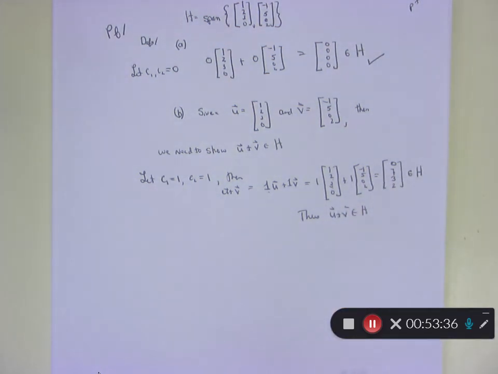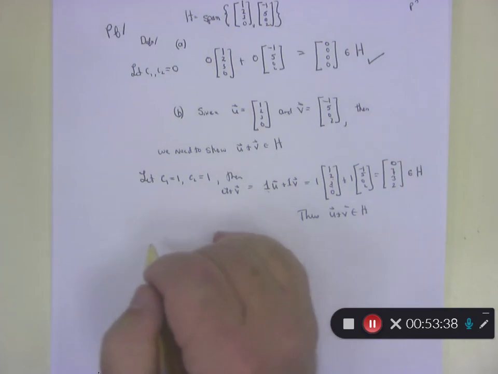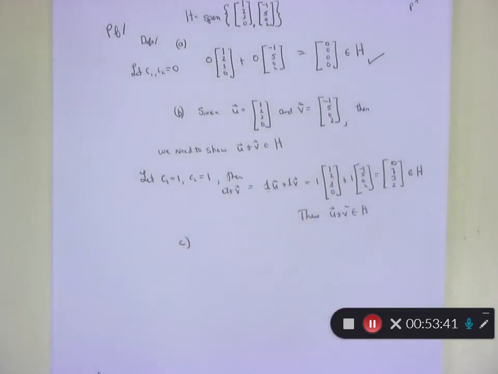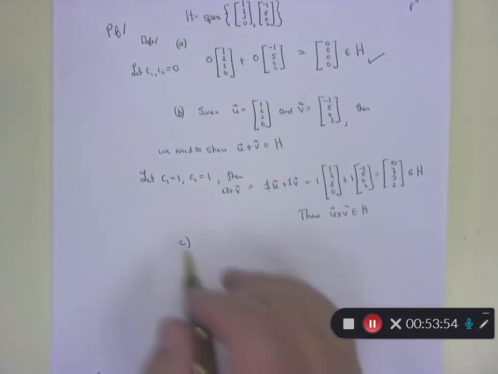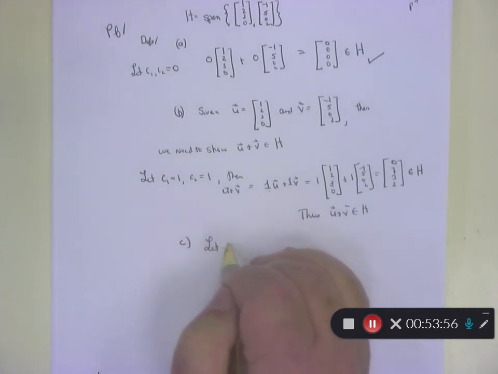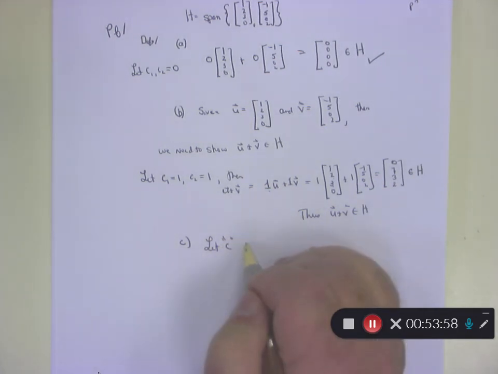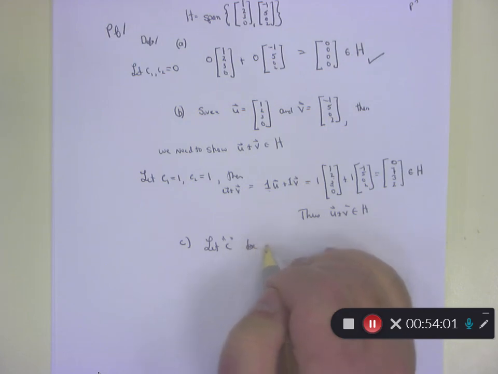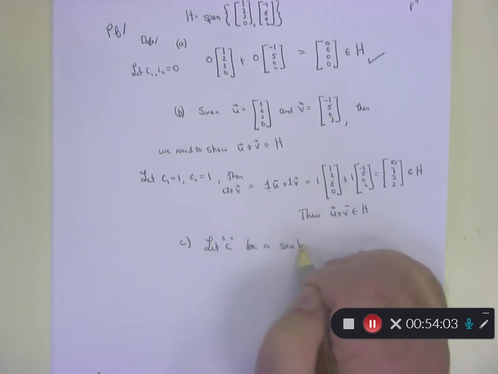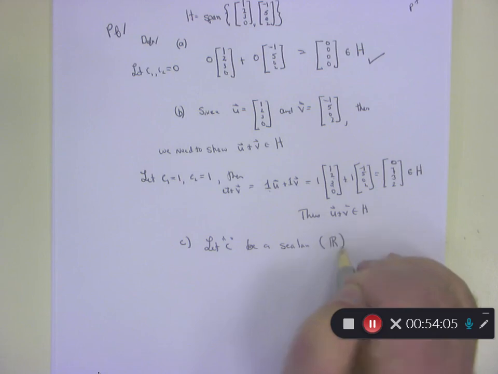Does that make sense? Now, what was part C? Part C was this. I have to show that any scalar times any one of my vectors is going to be back inside the set. So I'm just going to do arbitrary here. Let C be a scalar inside the real numbers.